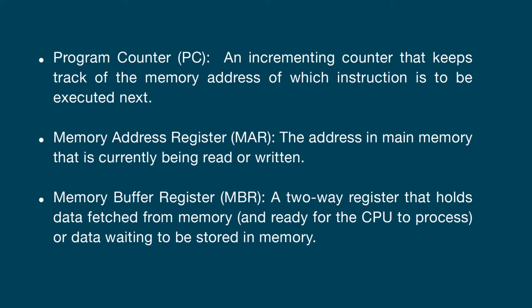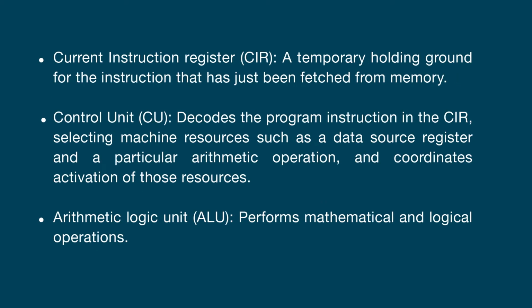Memory buffer register or MBR. A two-way register that holds data fetched from memory and ready for the CPU to process or data waiting to be stored in memory. Current instruction register or CIR. A temporary holding group for the instruction that has just been fetched from the memory.